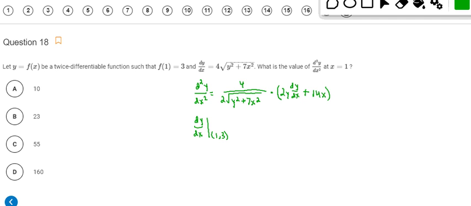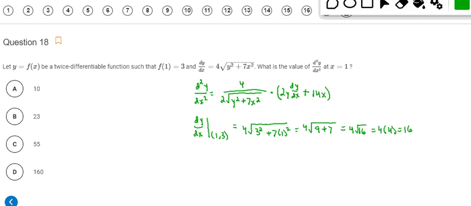And so that is going to equal 4 times the square root of 3 squared plus 7 times 1 squared. Do it all the way, not going to skip any steps: 9 plus 7, that equals 4 times the square root of 16, which equals 4 times 4, and that equals 16.